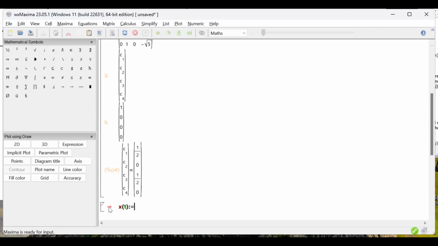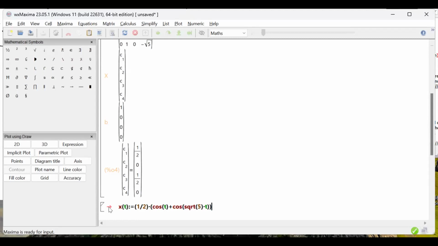That's going to equal a half times cosine of t plus, since C3 is a half, I can factor out the half: one half times cosine of t, that's the C1, plus cosine of the square root of 5 times t, that's the C3.